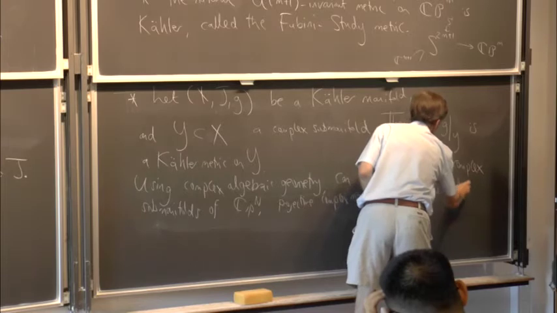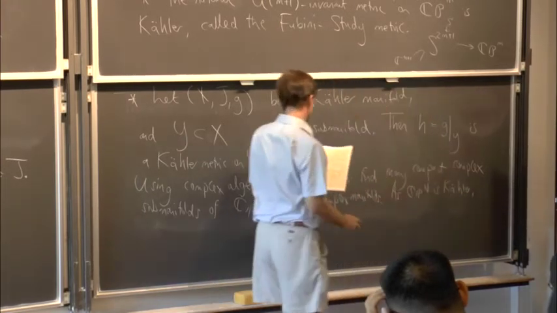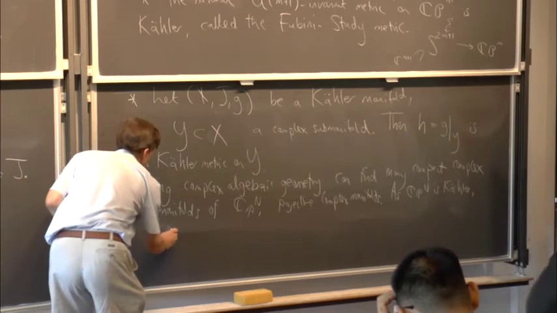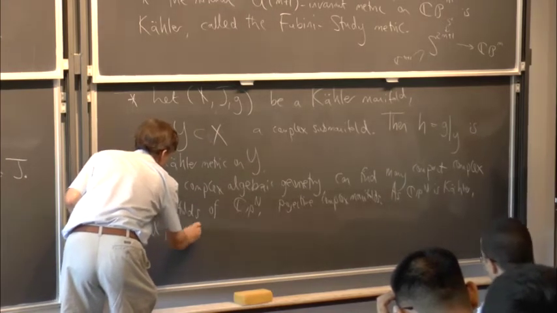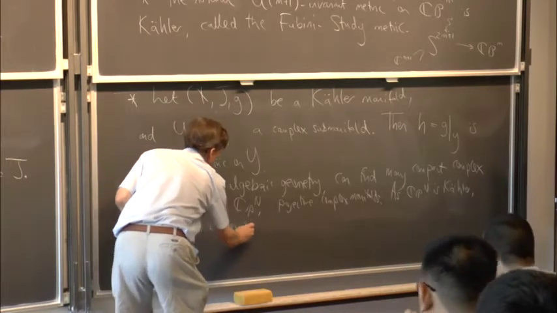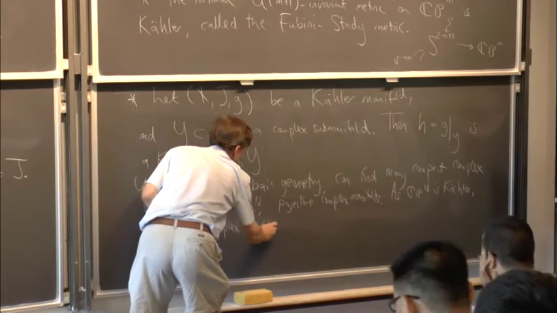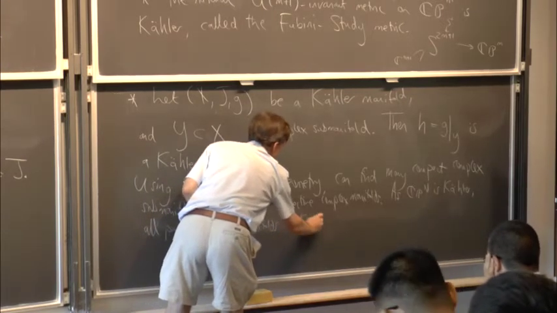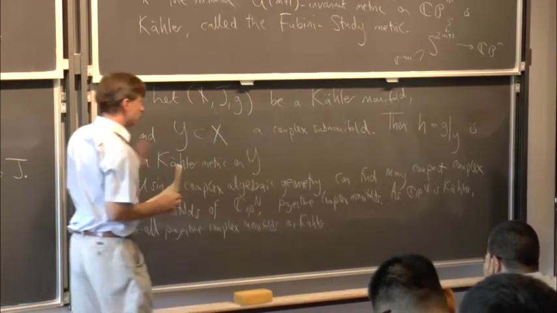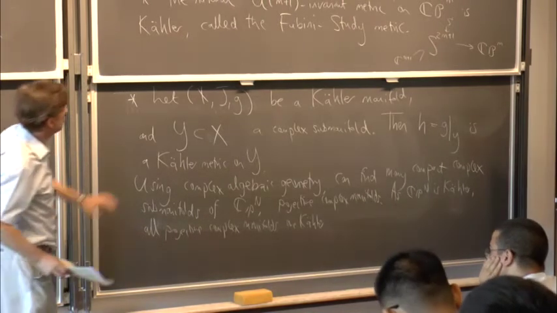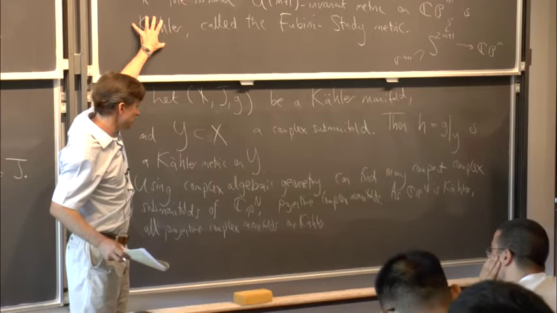So all projective complex manifolds are Kähler. Every projective complex manifold has at least one Kähler metric, which you get by restricting the Fubini-Study metric on CP^N.